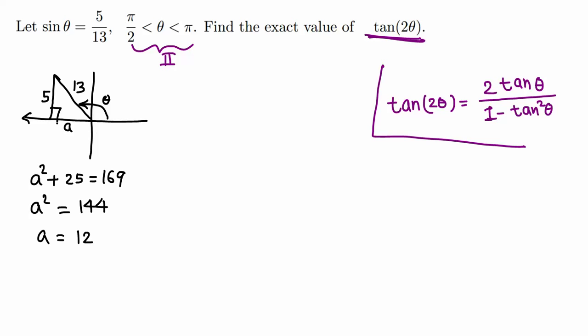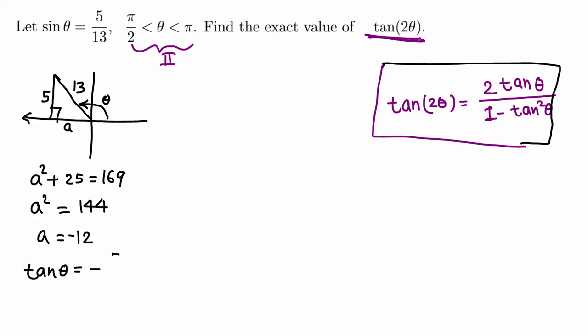Now since we have all three sides, we can find the value of any trig function for angle theta, and we look at this formula here, and we need to know what tangent theta is. Then tangent theta is opposite over adjacent, so 5 over negative 12, so negative 5 over 12.